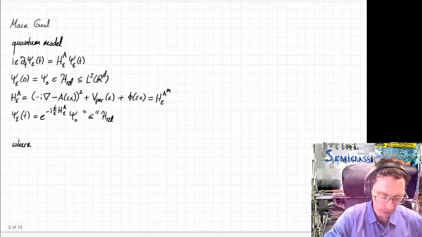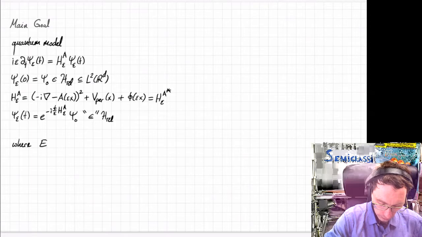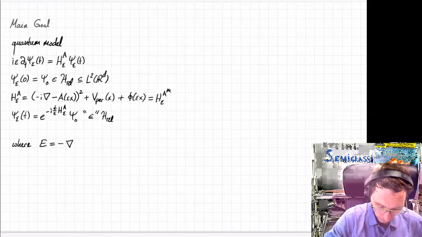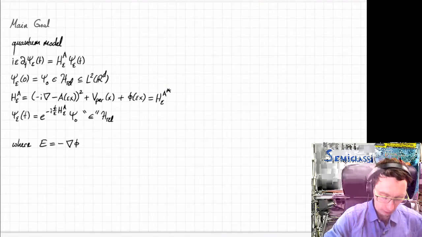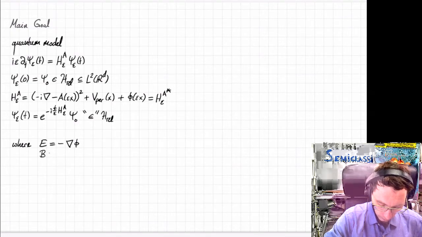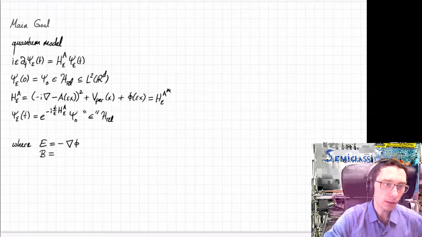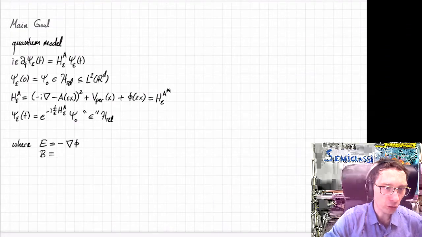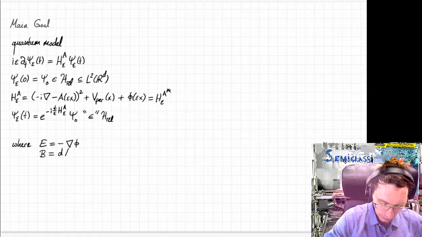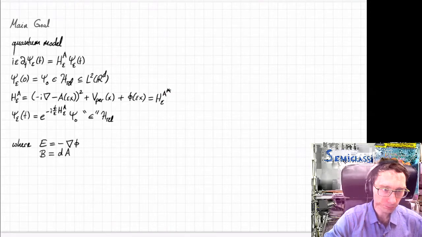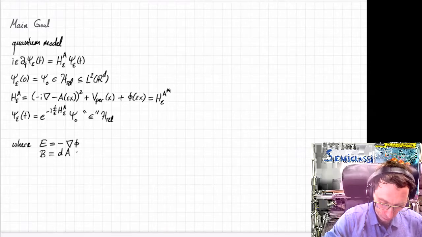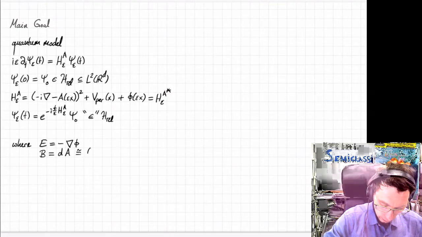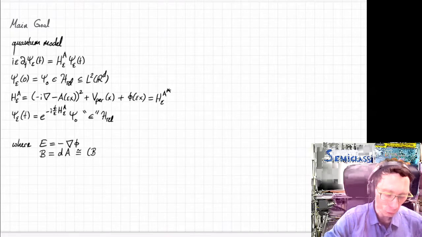The electric field E is minus the gradient of phi, and B, if you interpret the magnetic field as a 2-form and the vector potential A as a 1-form, is just the exterior derivative of A. But of course, what you can also do is identify this in a canonical fashion, once you choose a basis, with a matrix of components.